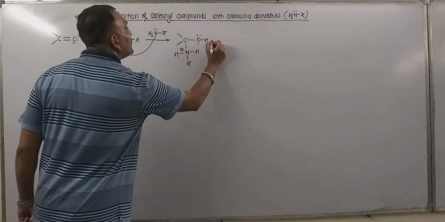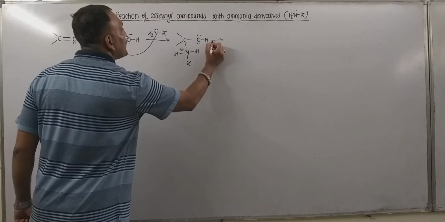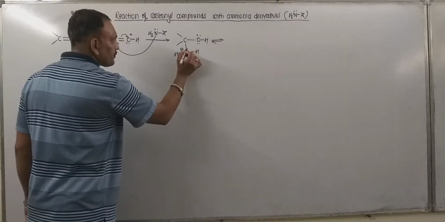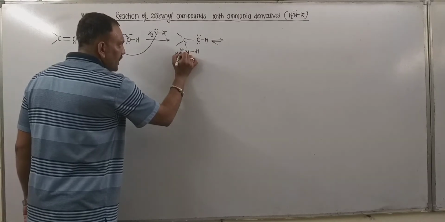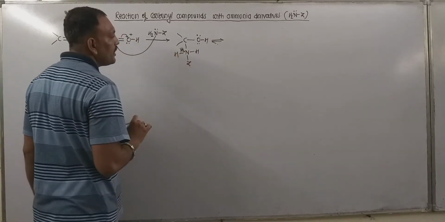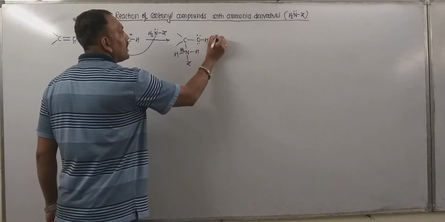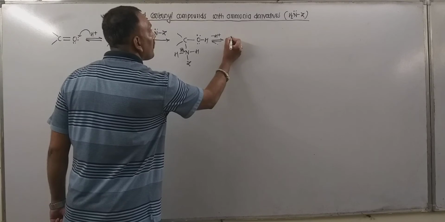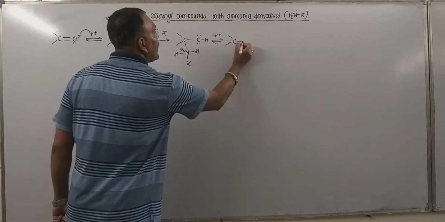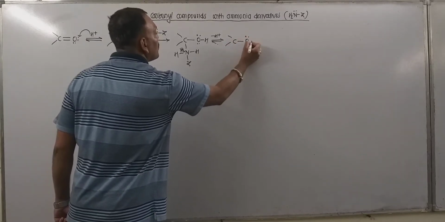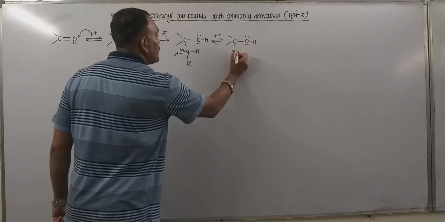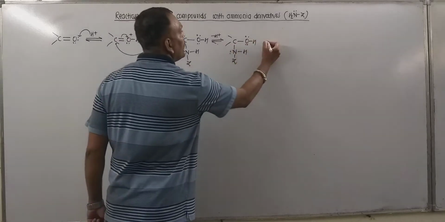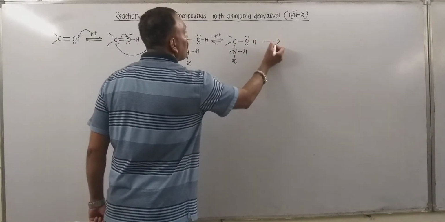At this point this intermediate loses a proton. Nitrogen keeps the electron pair towards itself, and thereby departure of the proton takes place, leading to the formation of an intermediate product which may be shown as. Now at this point departure of water takes place.